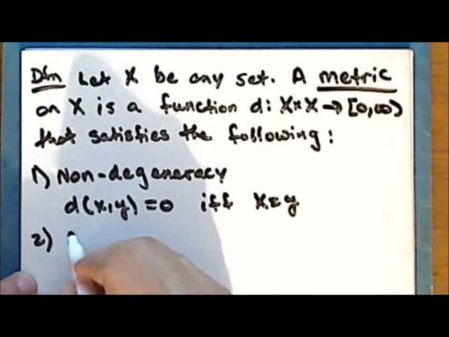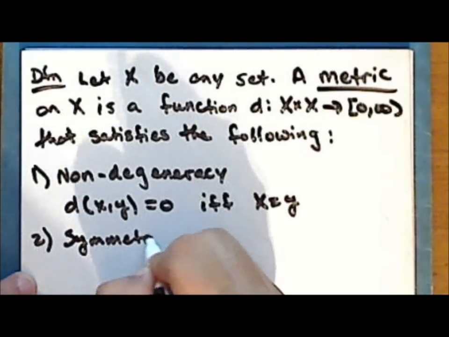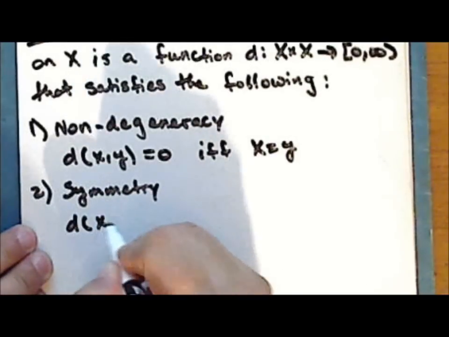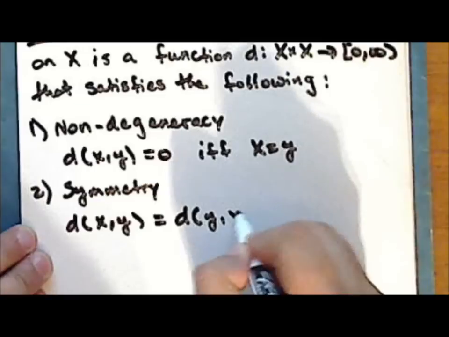The second property is known as symmetry, and by this we mean d(x,y) is the same as d(y,x).